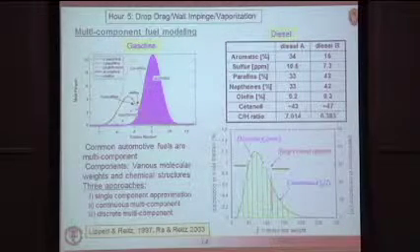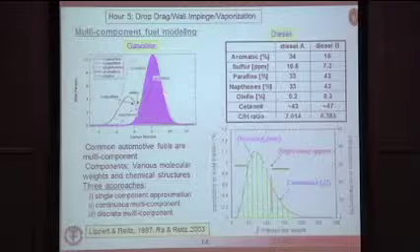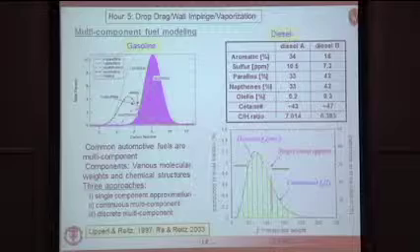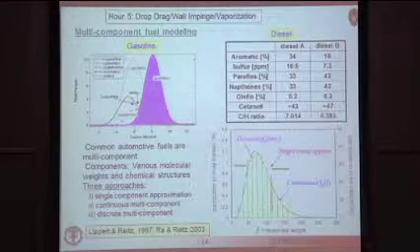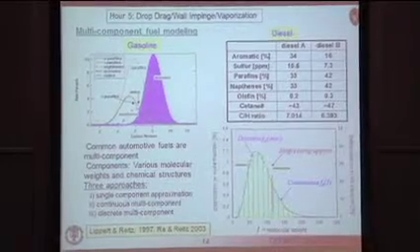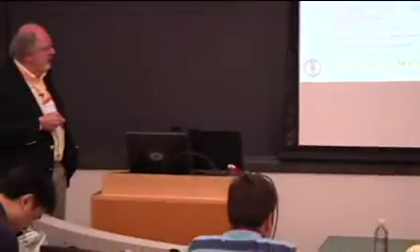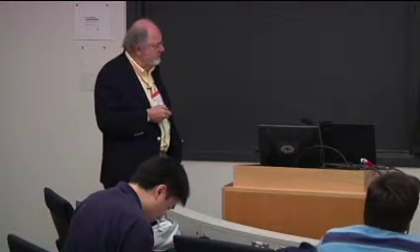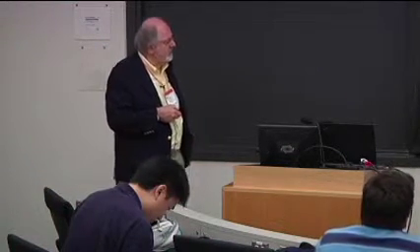And so to represent this type of distribution of species in a realistic fuel requires that you consider, as I said, many components. And that's what's embodied in the so-called discrete multi-component model that I'll be telling you about in a minute. There are other approaches.